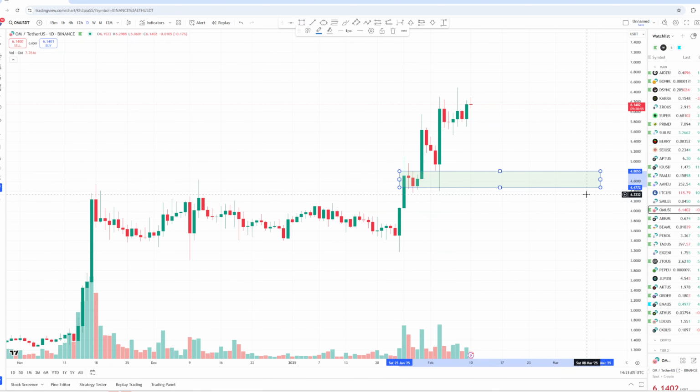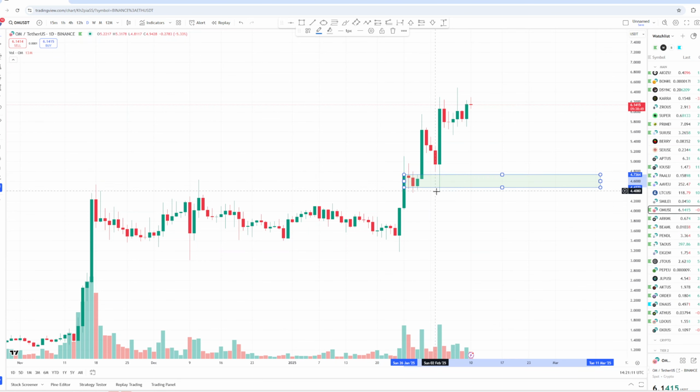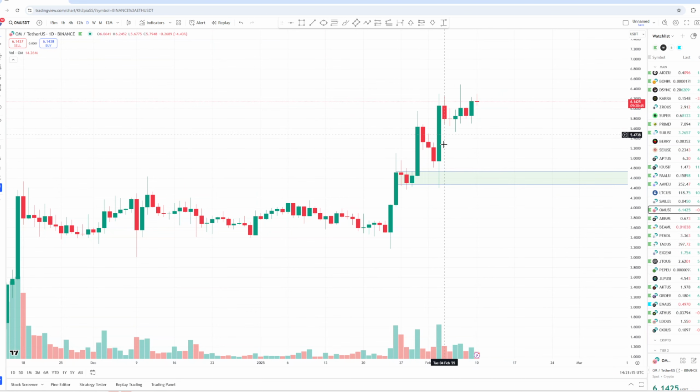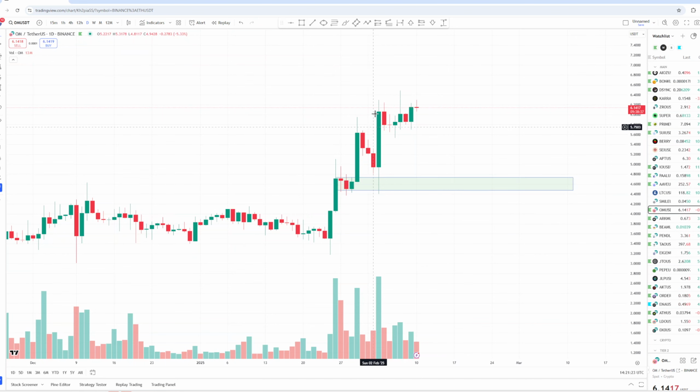So why is this level important to me? First of all, it's close to the range breakout. Second, this is the cluster here that originated the next move up. Third, on the liquidation day that we had a few days ago, this level was respected and we never closed below it. And then we could see that this price action here is slowing down.